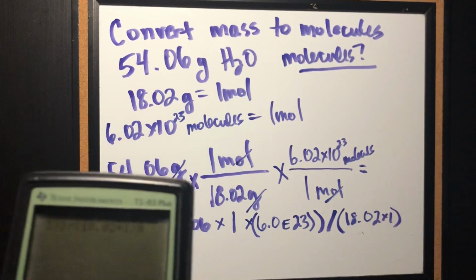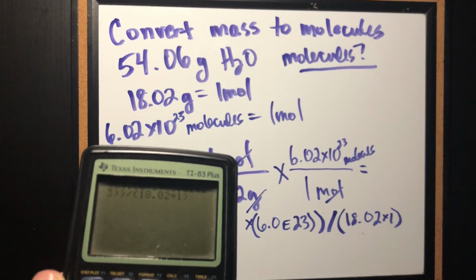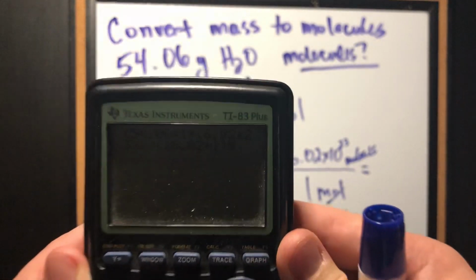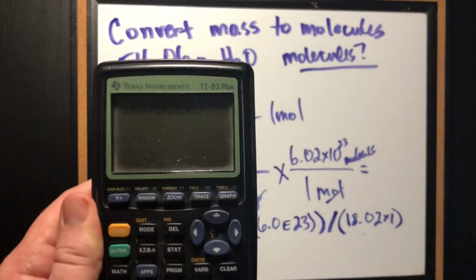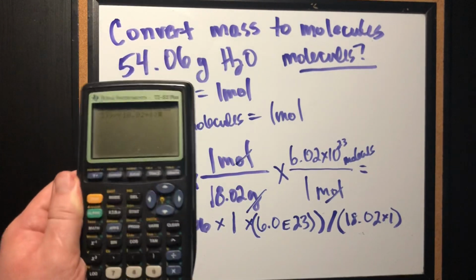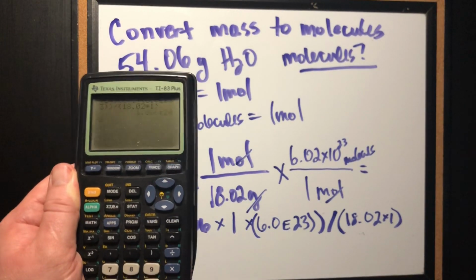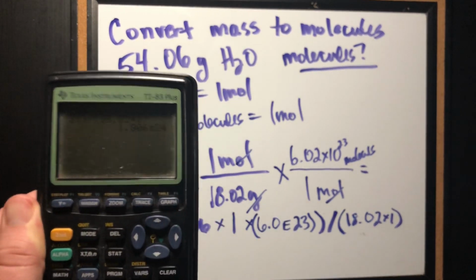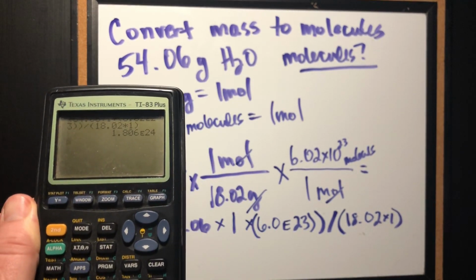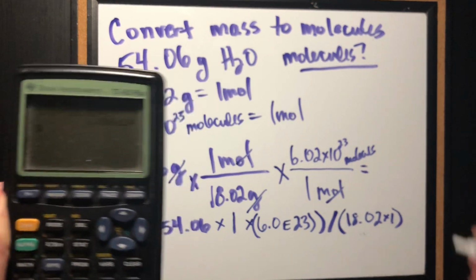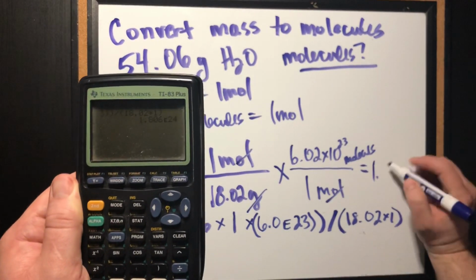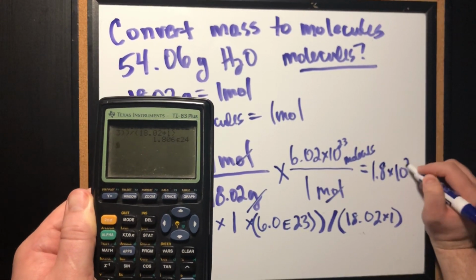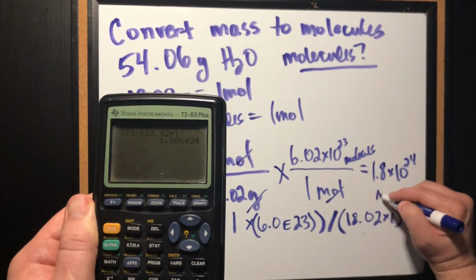Now I know you guys know you multiply by 1, it's the same thing. I'm showing it to you right now just for an example. Hopefully you can see that. I think it's a little hard for you to see it. Either way, that's how you put it in the calculator. You type in your note, you press enter. Right here, I got 1.806 e to the 24. So I'm just going to go ahead and round, 1.8 times 10 to the 24th. What are the units? Molecules.